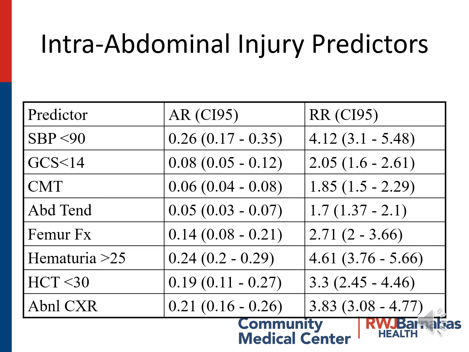This is from a study from about 10, 15 years ago, and it's looking at different predictors of abdominal injury in trauma cases, and they make sense. If you have a systolic blood pressure less than 90, having an increased risk of 26% of having an intra-abdominal injury really tracks. What's amazing is just abdominal tenderness increases the risk by 5%.